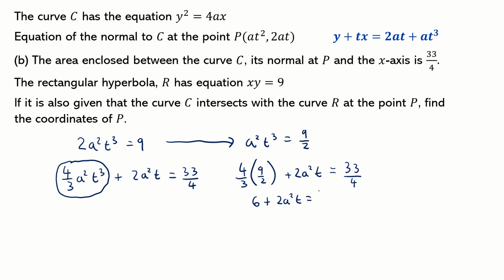And then from that, we end up with 2a squared t equaling 33 over 4 minus 6, which is going to be 9 over 4. And therefore a squared t is equal to 9 over 8.